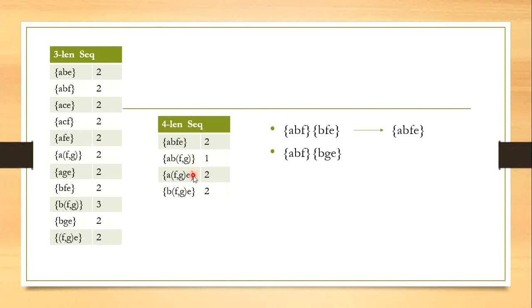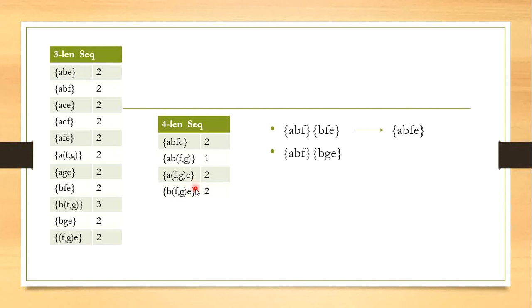So I cannot combine these two sequences. If we consider this one and this one, then if we remove A and E, the subsequences we obtain are BFE and BFG. Even then both are not equal. So we cannot join these two also.